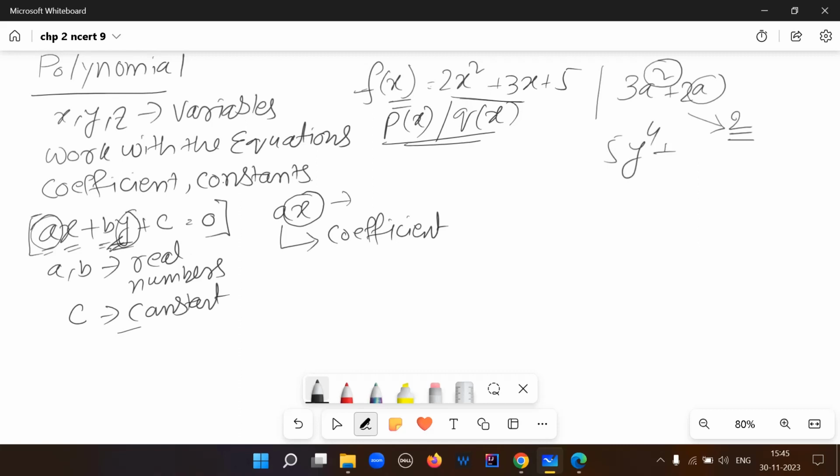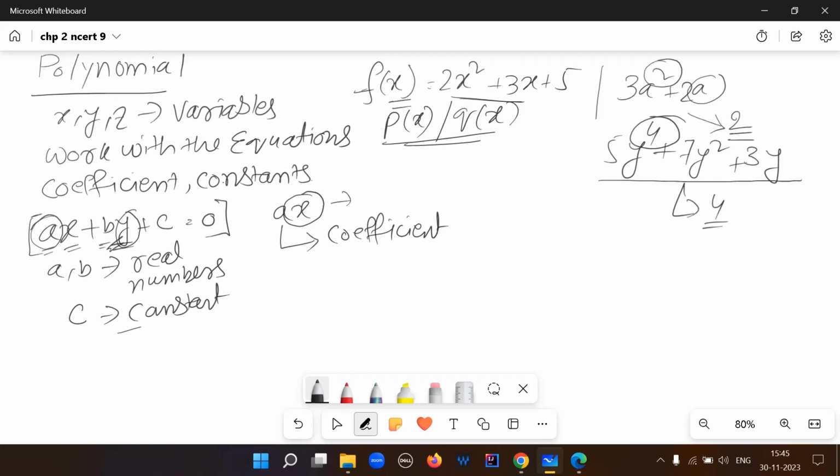If I write 5y to the power 4 plus 7y squared plus 3y, the highest power is 4, so 4 is the degree of the polynomial.